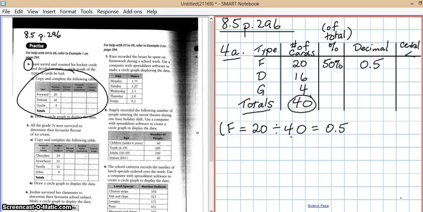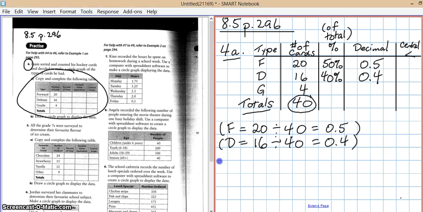Same thing for the defense. You have 16 defense cards. You're going to divide that by the total number of hockey cards, which is 40, and punch that into your calculator, and you will get 0.4. Notice I'm doing 2 columns at the same time. The decimal that I got was 0.4, and I know that translates into 40%.